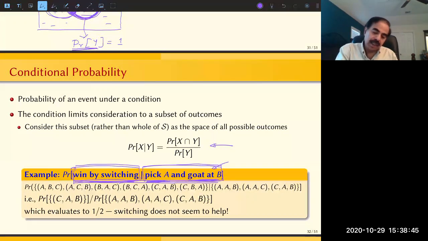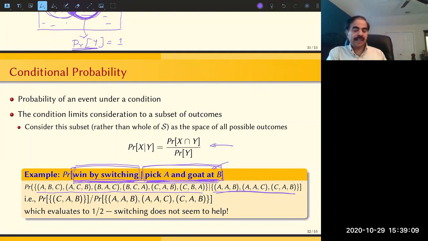So what we do is that we are saying that the contestant picks A, and there is a goat at gate B, that corresponds to these three outcomes, and the contestant wins by switching on these six outcomes.